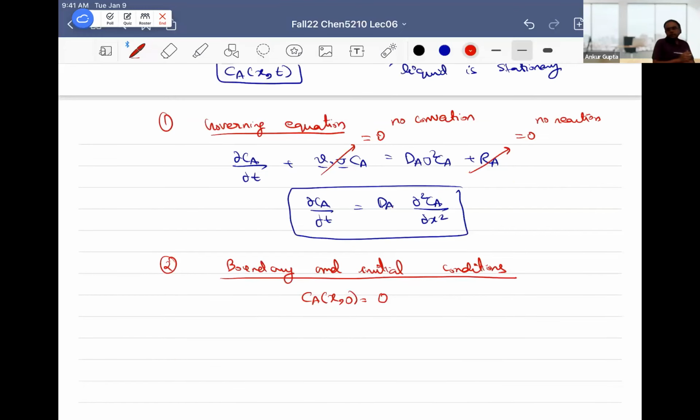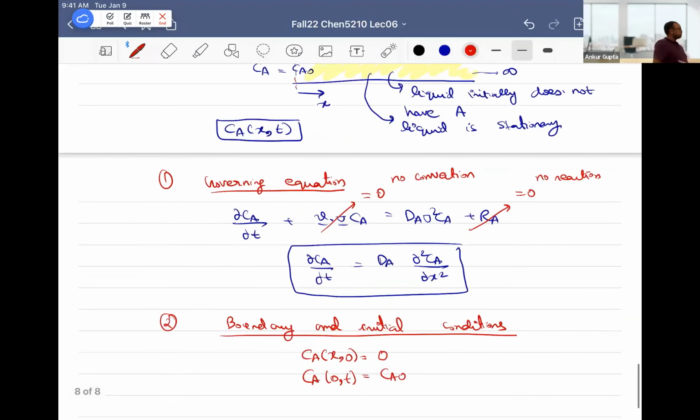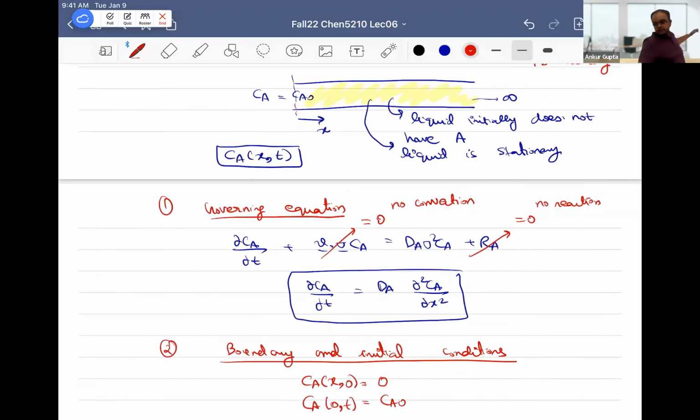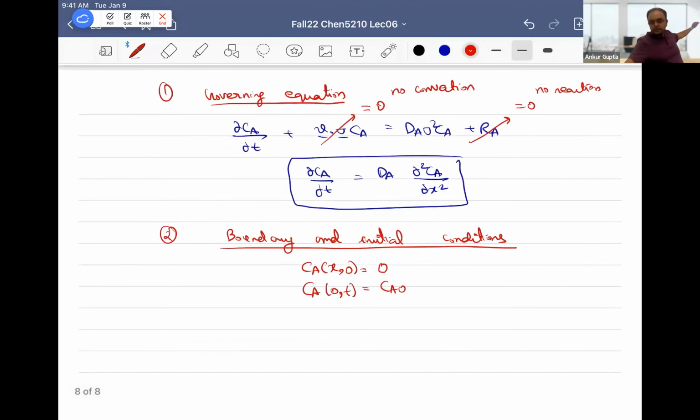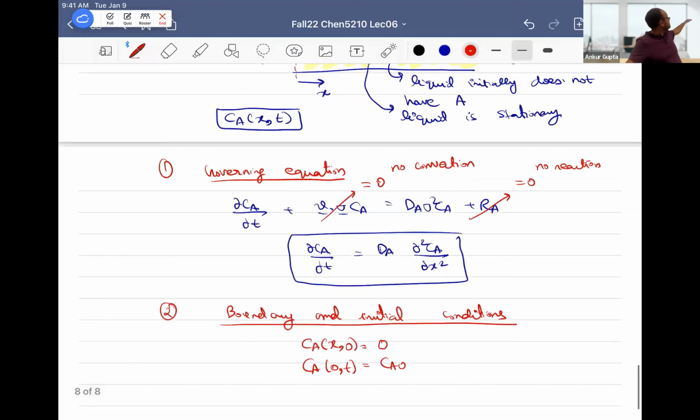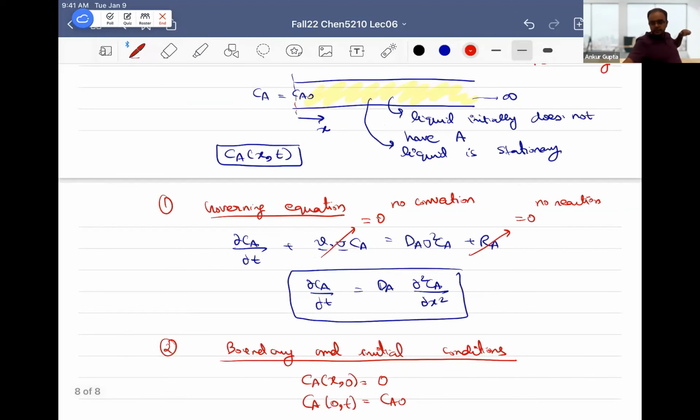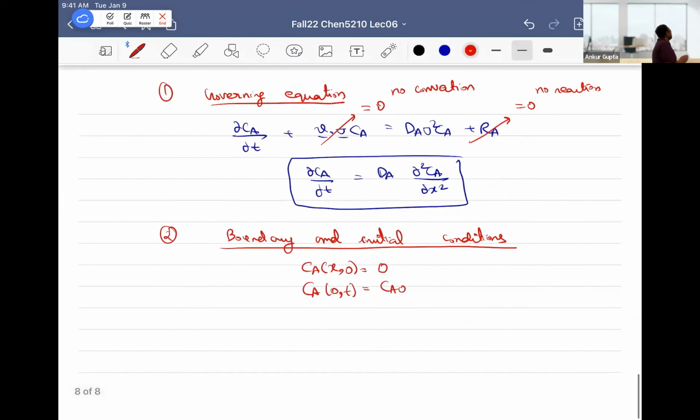It is simple. We have been given the value at 0 comma t, the boundary condition at the first interface. It's CA of 0 comma t equal to C naught, because that's the concentration I've been given at the inlet. And then finally, we have the second boundary.